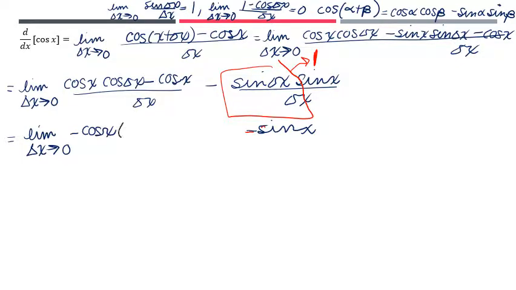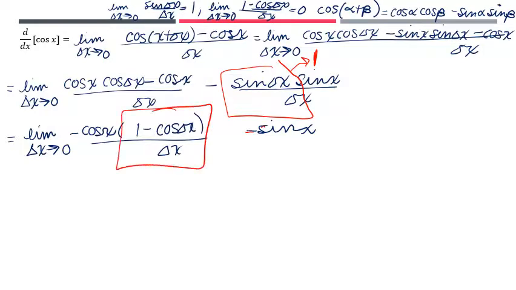When I do that, I end up with negative cosine delta x plus 1 over delta x, but negative cosine delta x plus 1 is the same as 1 minus cosine delta x. And I have a familiar little term here, which goes to 0.